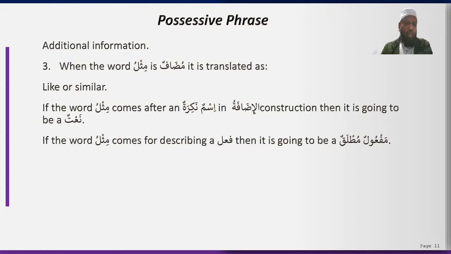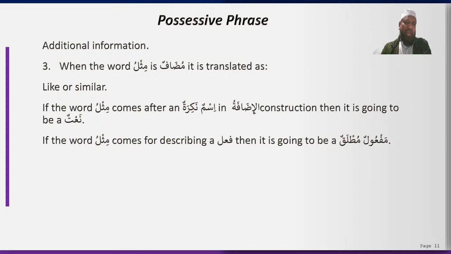Next, if the word مثل comes for describing a fi'l, then it is going to be مفعول مطلق. Sometimes this مثل comes to describe the fi'l.